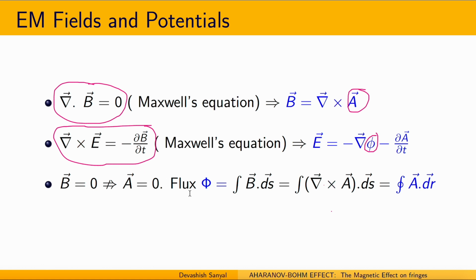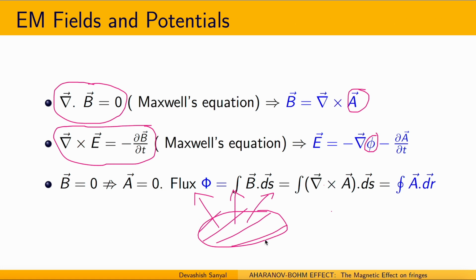We know what a magnetic flux is. Suppose we have an area like this, and you have magnetic lines of force coming out like this. The magnetic flux across this area is given by the integral of B dot dS, where the integration is across this entire surface.